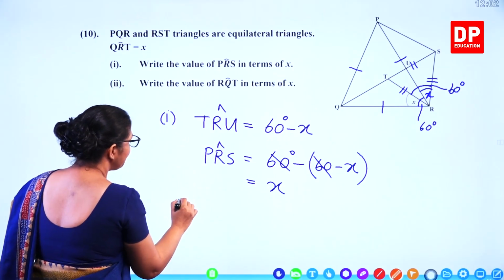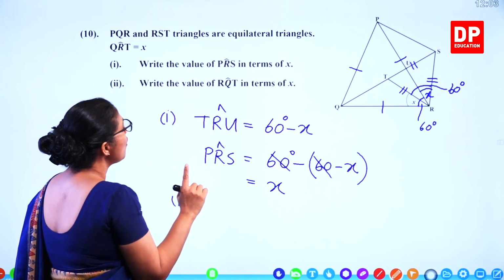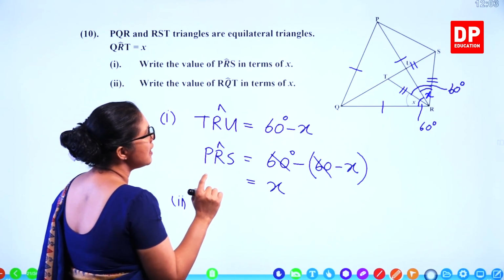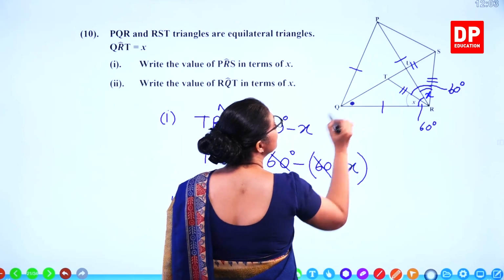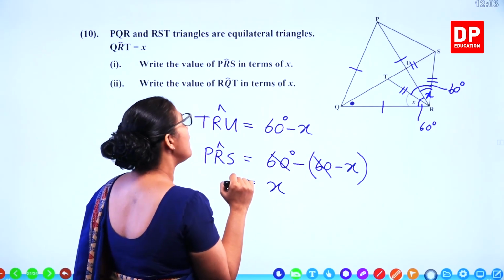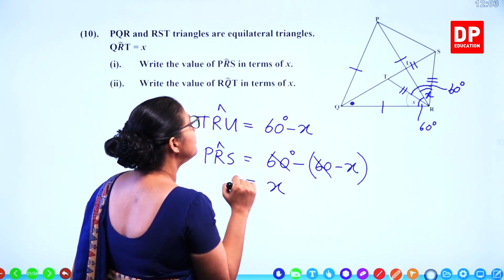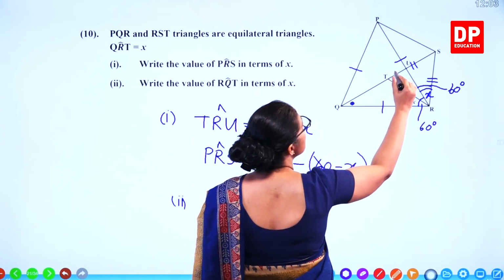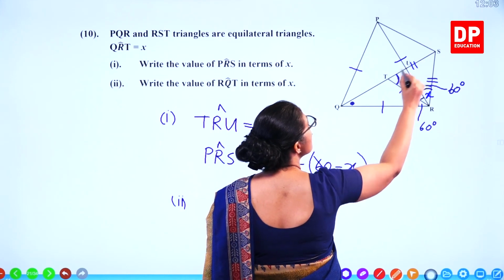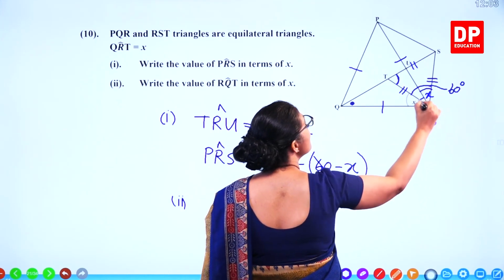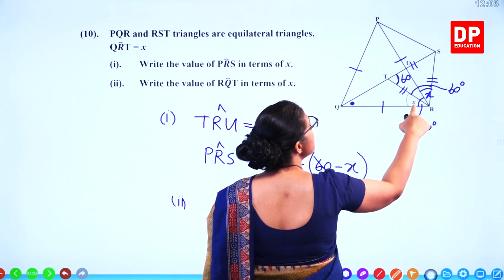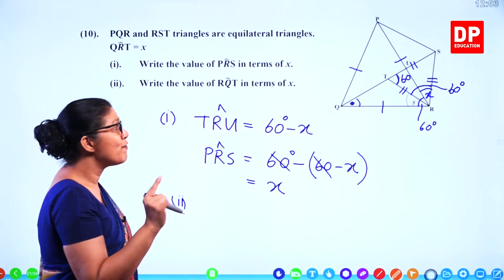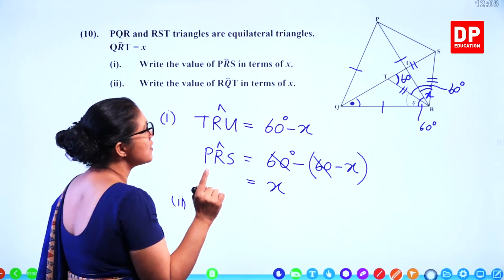Part 2. Write the value of RQT. RQT, this angle. So what can you say about that angle? Look at carefully. This is 60 degrees because this is an equilateral triangle. This is 60. And this is x. So what is this angle? 60 minus x, because the sum of opposite interior angles add up to 60.